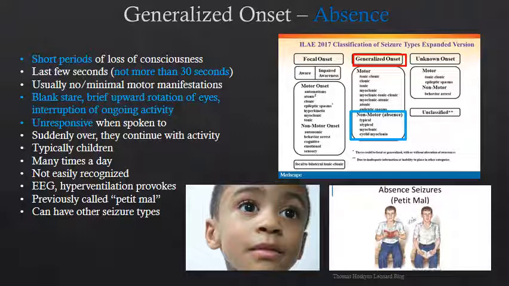It typically affects children. They can happen in clusters multiple times a day. Because the symptoms are so subtle, they are not easily recognized. They have a very typical presentation on EEG, which can be used for diagnosis.